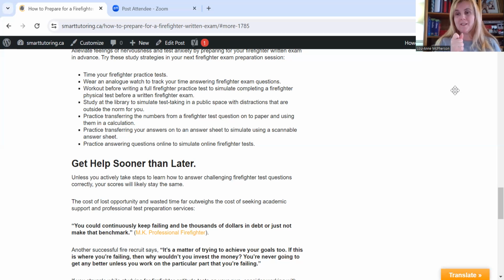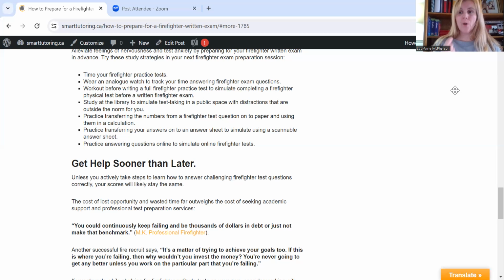And they do this because in firefighting, you have to be able to make critical decisions in stressful situations. And you have to be able to do that over a long amount of time. So they're going to put you under those situations in the best way they possibly can. And one of the ways they do that is to physically tax you and then test you.